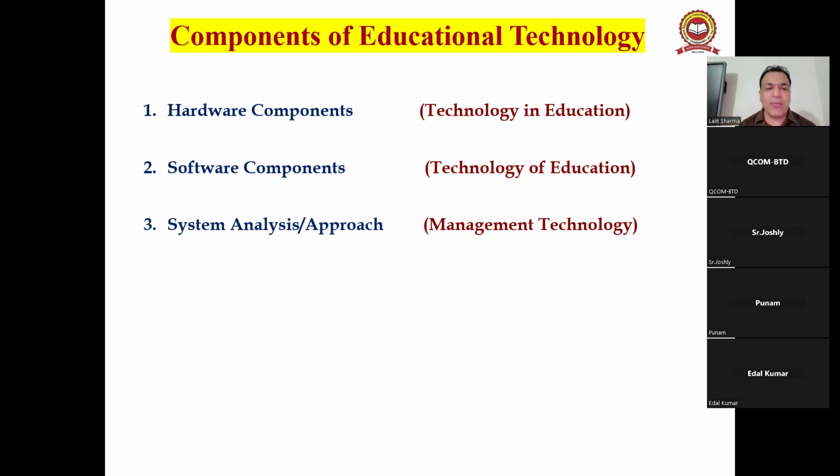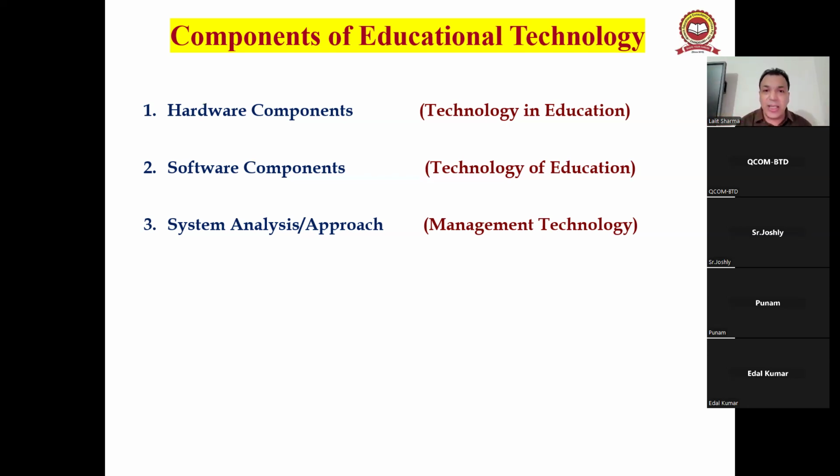What is the meaning of a hardware component? Technology in education. You have gone through this line many times in your book and guide. What is the difference between technology in education and technology of education? It is talking about the hardware approach and the software approach. Hardware components means technology in education.